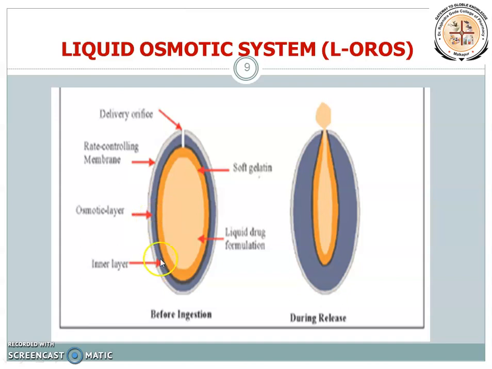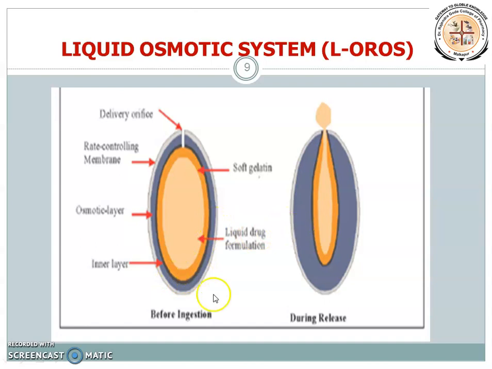This is the inner layer and the rate controlling membrane, and at the top side there is a delivery orifice. When such systems come in contact with water, this gets dissolved, and water may enter through the semi-permeable membrane, where it creates a pressure.